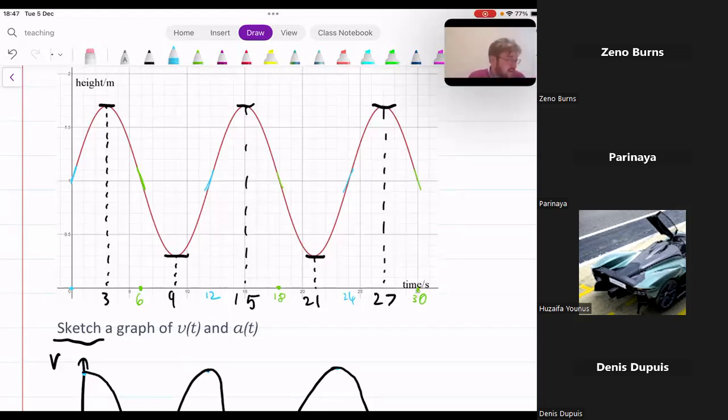But we can make an estimate. So if we look at the gradient around this little section here, the change in velocity here is 0.3.